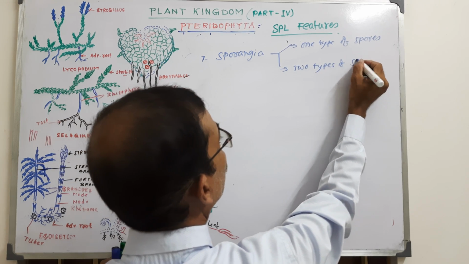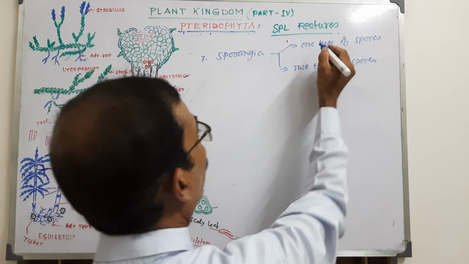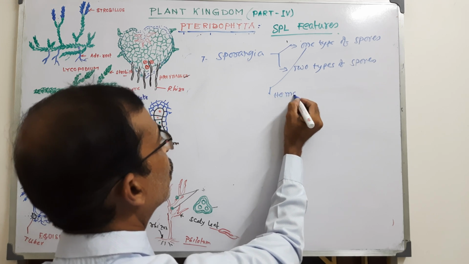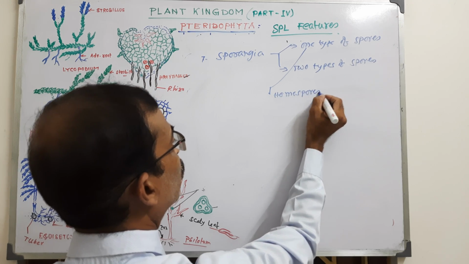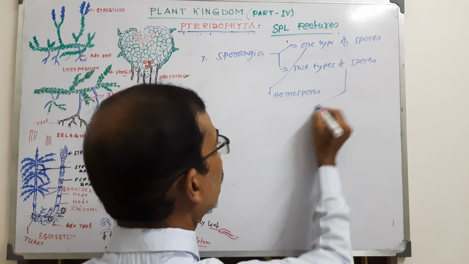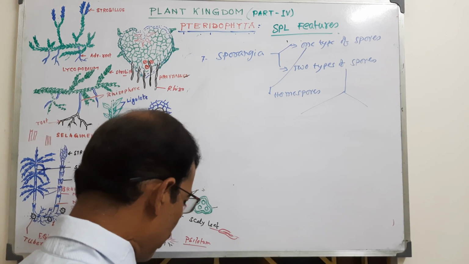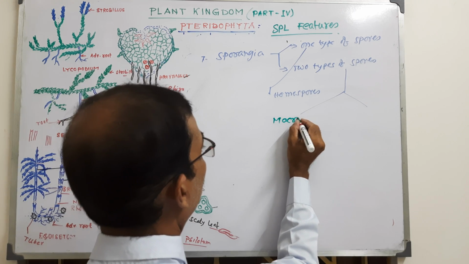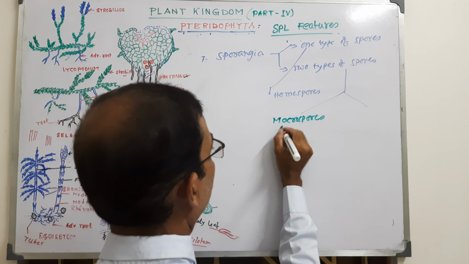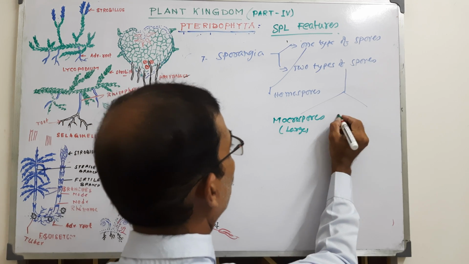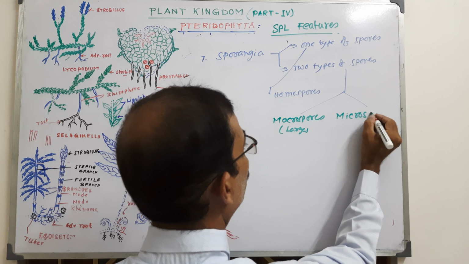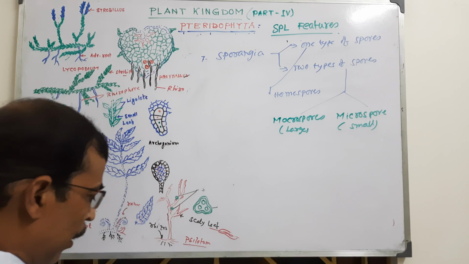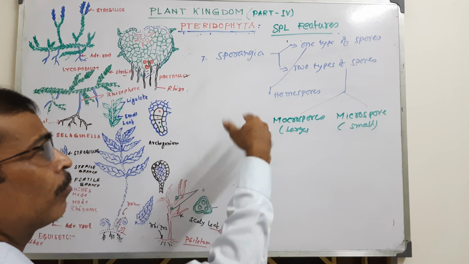When one type of spores, they are called homospores. And when two types of spores, they may be macrospores, comparatively large, or microspores, comparatively small.